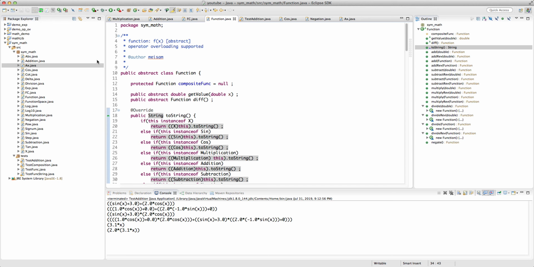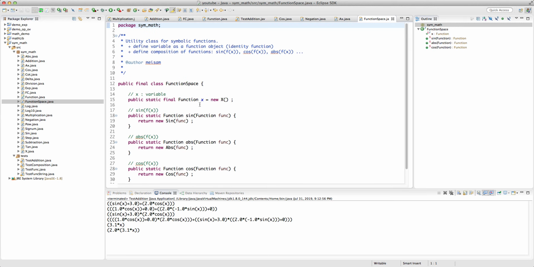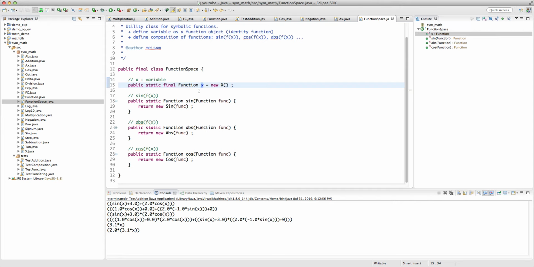in the function space, we define x as a function, right? And therefore whatever happens to a function applies to it. So if we want to do this, we have to define x as an ax, with a coefficient 1.